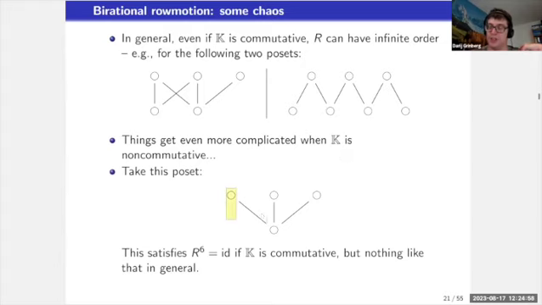This is one of the simplest posets whatsoever, this claw. If K is commutative, the order of R is 6. If K is not commutative, there is no finite order, not even some kind of approximate finite order. It's really complicated. Things can just stop holding for no obvious reason.